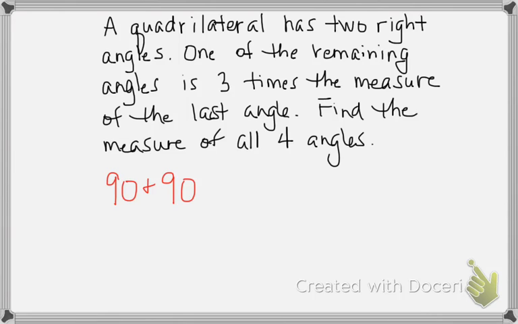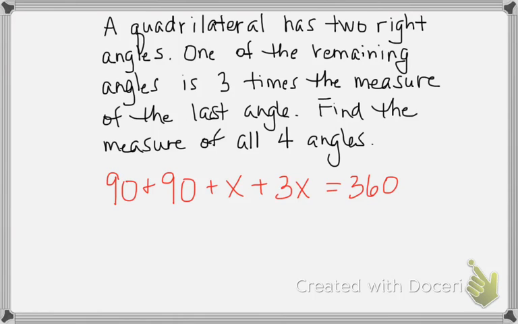What can I do to signify those angles in their relationship and add them in? I can use x for one of the angles because I don't know what it is. And if one of the angles is x, then the other one is 3x, because I've told you that one angle is 3 times the other, right? And then all 4 of those should add up to 360.